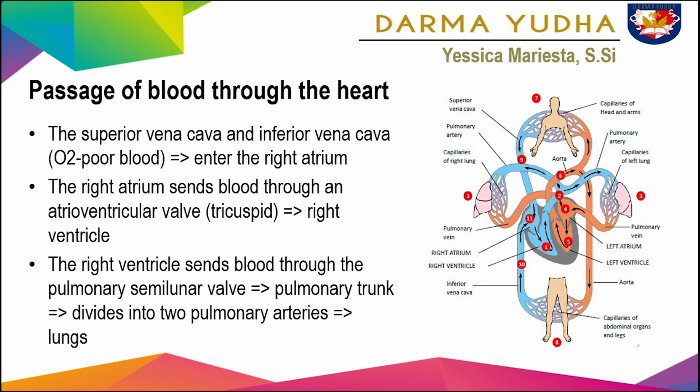After that, the right atrium sends the blood through an atrioventricular valve to the right ventricle. After that, the right ventricle sends the blood through the pulmonary semilunar valve and then to the pulmonary trunk, and after that it divides into two pulmonary arteries and then goes to the lungs.